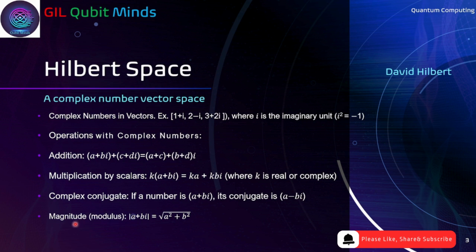We can also derive the magnitude with the modulus of a plus b I, where I is the imaginary part. This way the vector can be expressed: 1 plus I, 2 minus I, 3 plus 2I, like this.